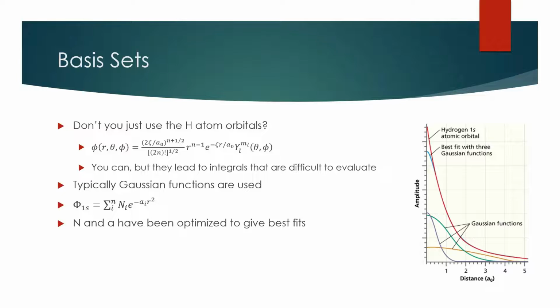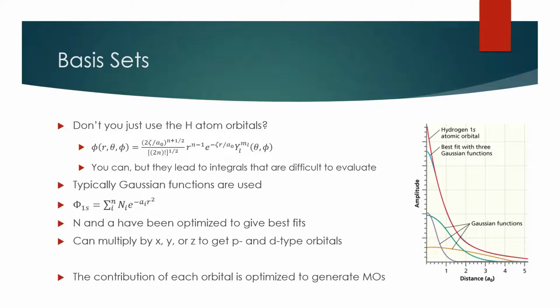How do we get p and d orbitals? We can simply multiply by x, y, or z, or in the case of d orbitals, x squared or xy or xz, something like that, to turn these s-type orbitals into p or d-type orbitals. And like I mentioned before, we modify the contribution of every orbital to get a molecular orbital. And that's what's going on with these basis sets.